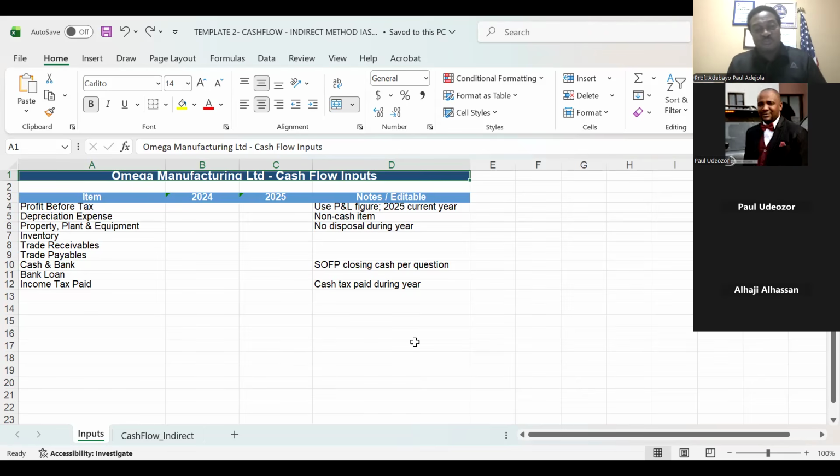That's outflow. But if current asset reduces, you have current assets of 1 million at the beginning of the year, then at the end of the year, that's inventory now, has reduced. If those items were not stolen, you have sold them. That means money has come in. That's inflow.